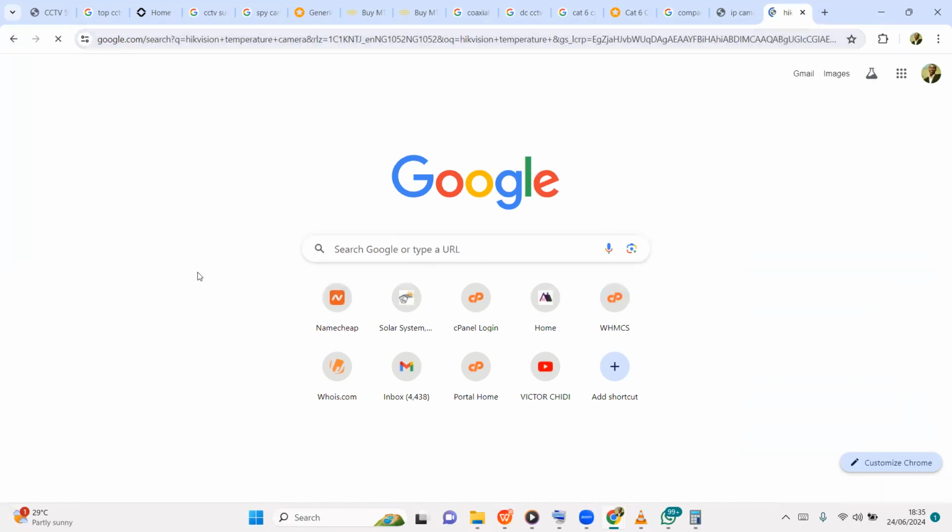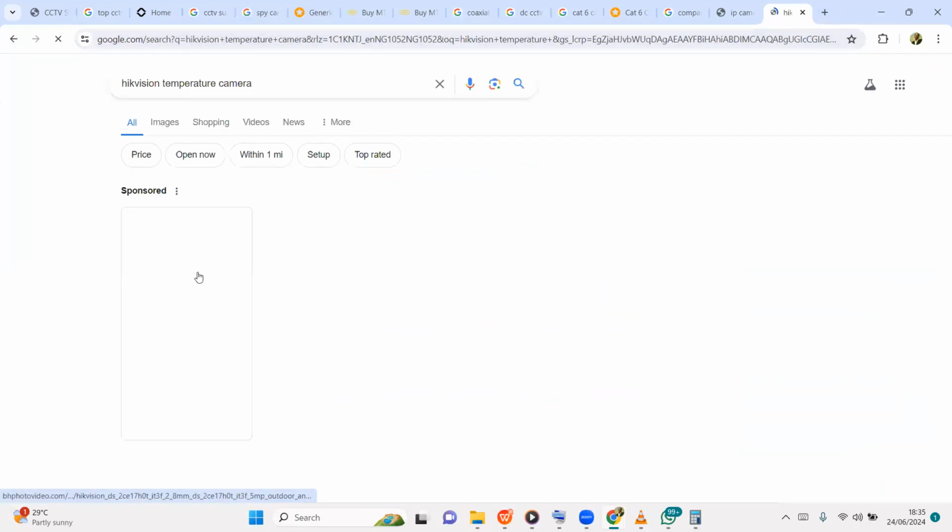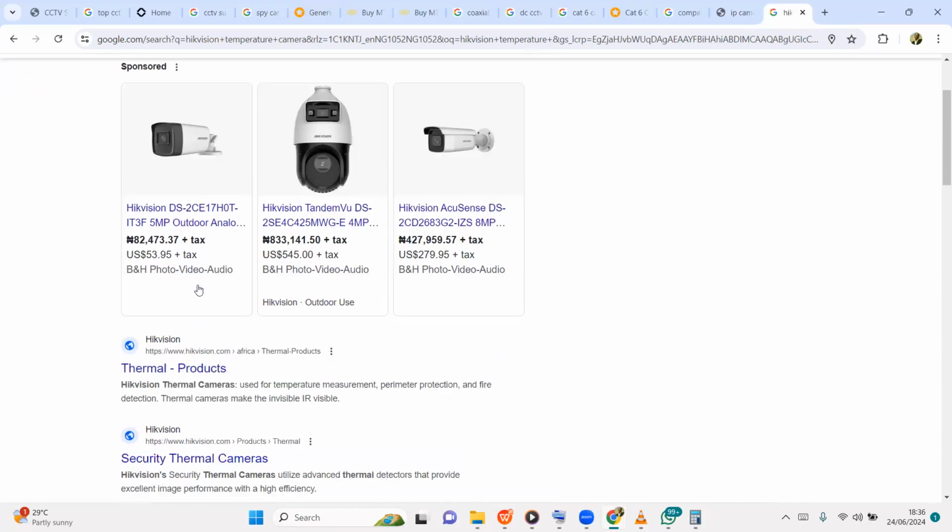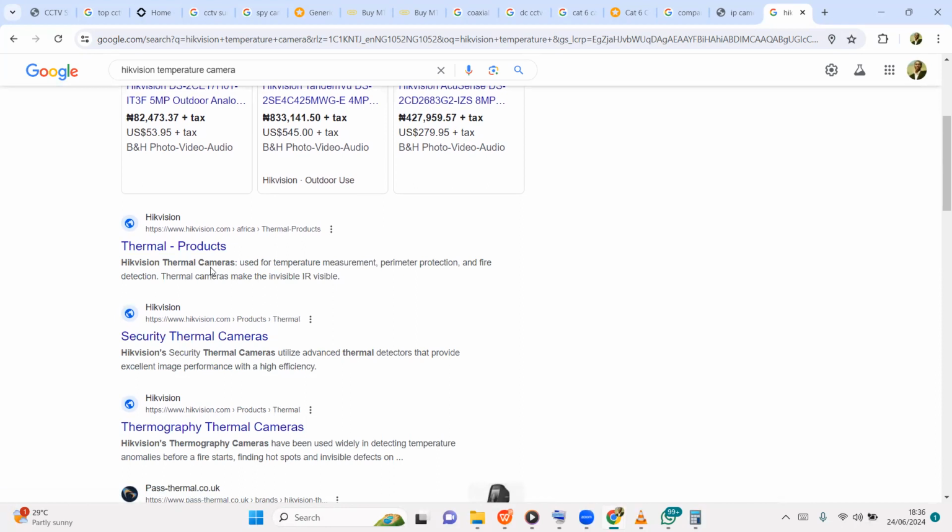You're going to see it's going to be expensive. But you can implement that, and it can be set up to say, okay, if it exceeds so, what's it called? You call them thermal cameras.